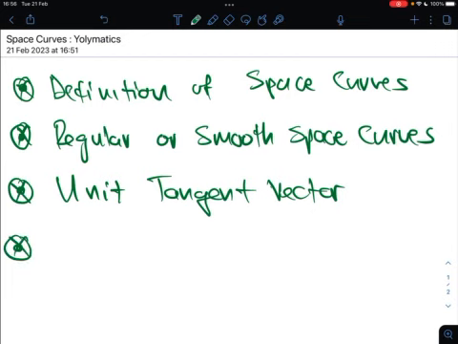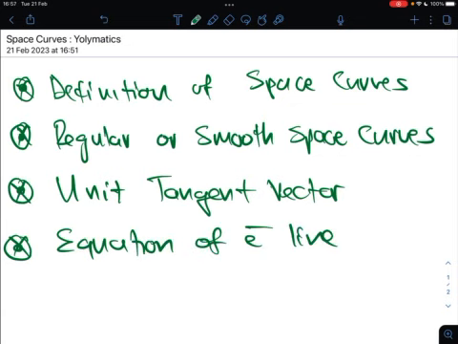Then finally we'll look at finding the equation of the line of tangency of a space curve.